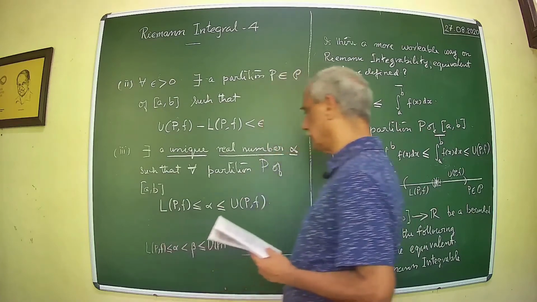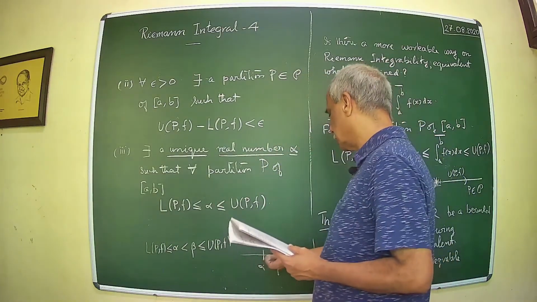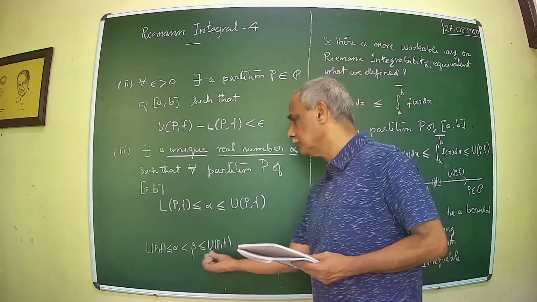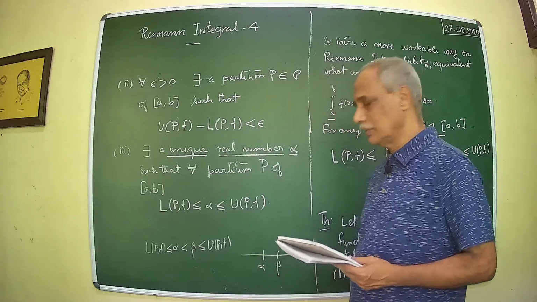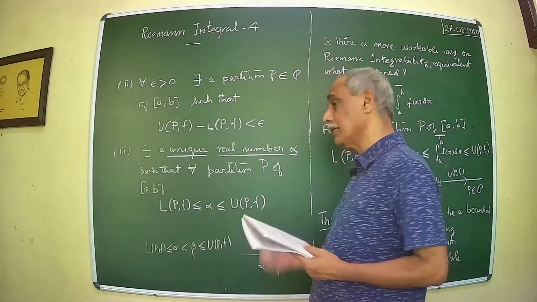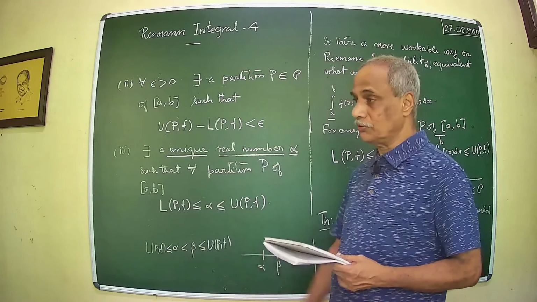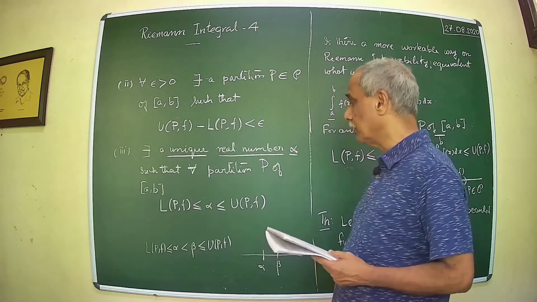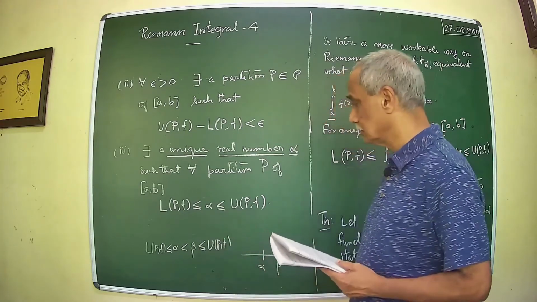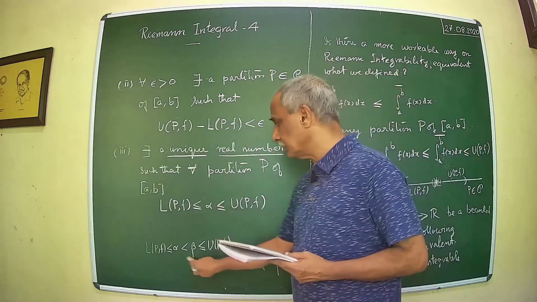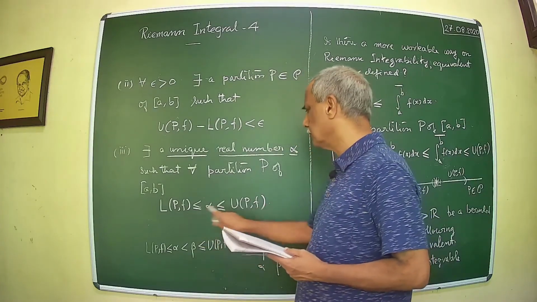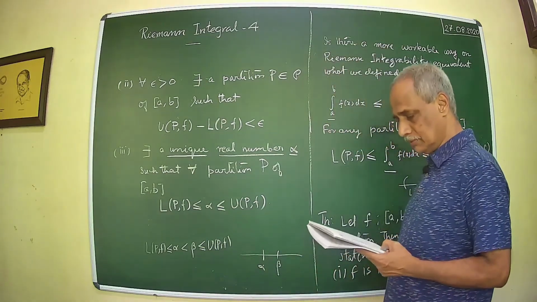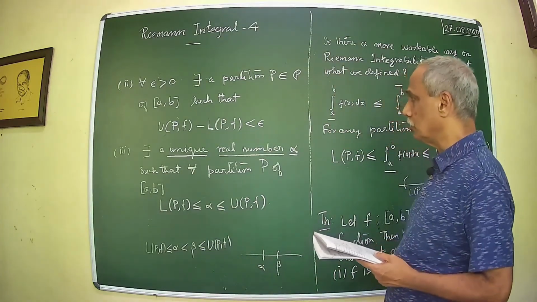So for any epsilon that is smaller than beta minus alpha, you cannot bring them closer than beta minus alpha by a choice of P. So in that case it is not Riemann integrable. But what we have to show is that if there exists such a unique choice, then you always have this. I mean, that is quite easy to do. Right?